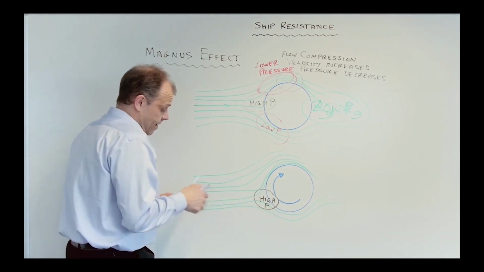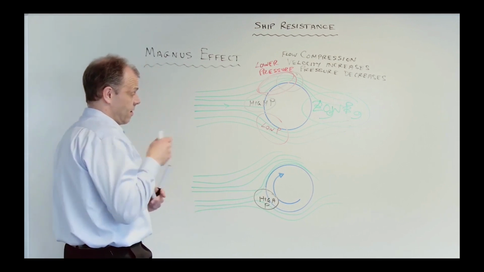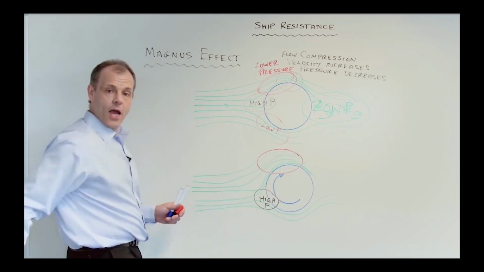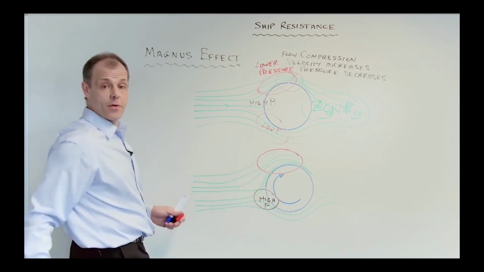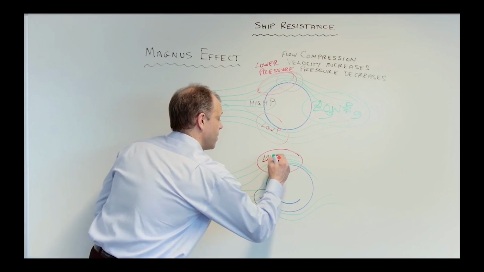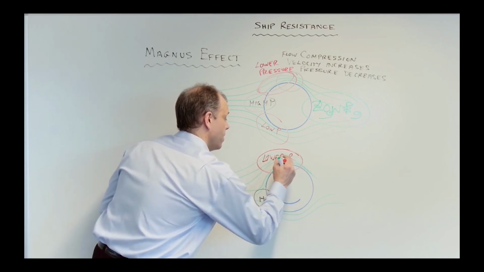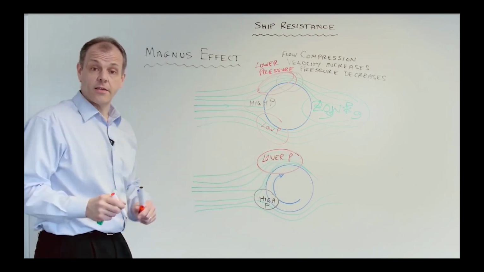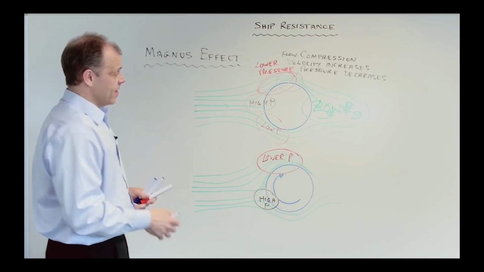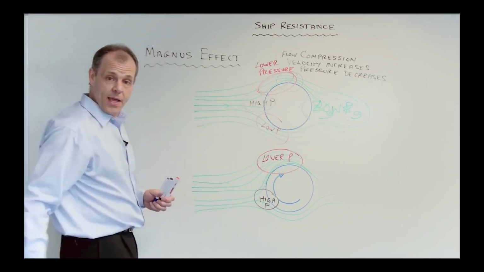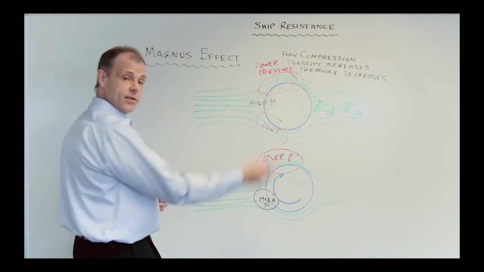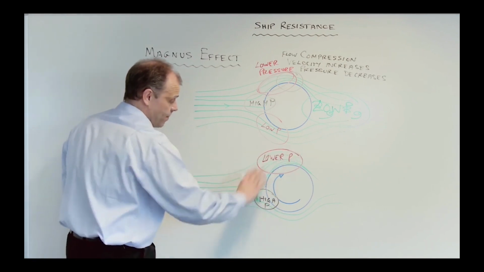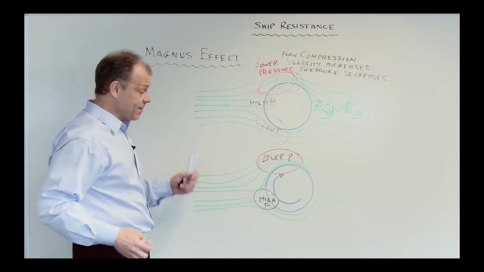But what you have in this region up here is more encouraged flow over the top, even more flow compression, and possibly even a lower pressure than you did in this case. And what this means is that instead of just drag being created, if you spin a circular object in a viscous flow, you actually distribute the pressures asymmetrically.